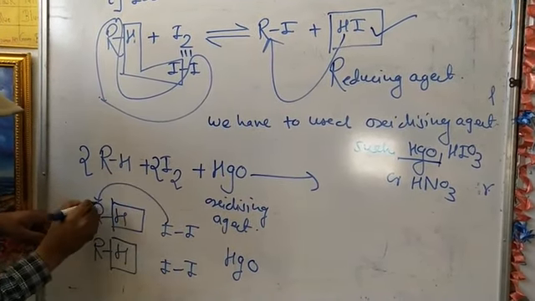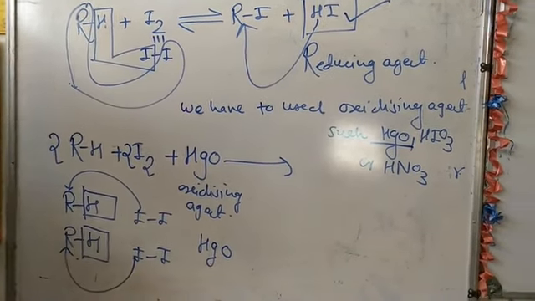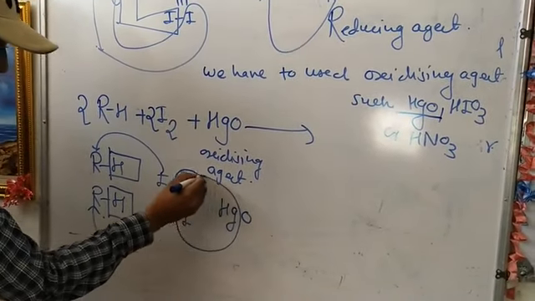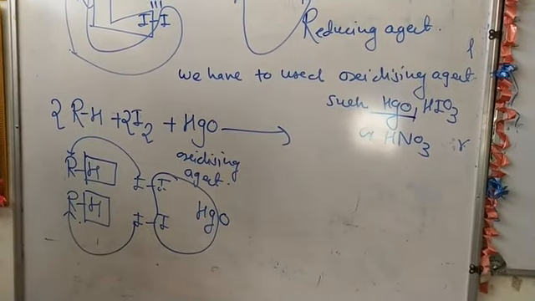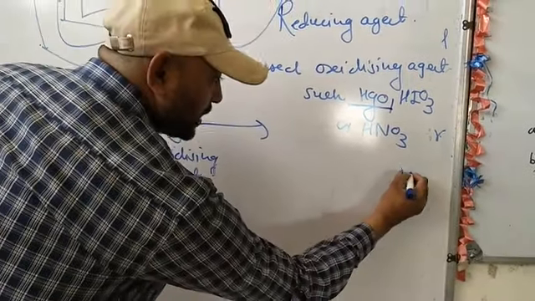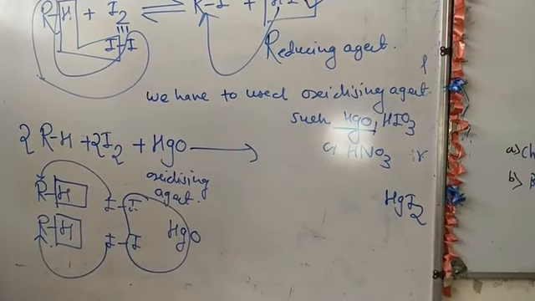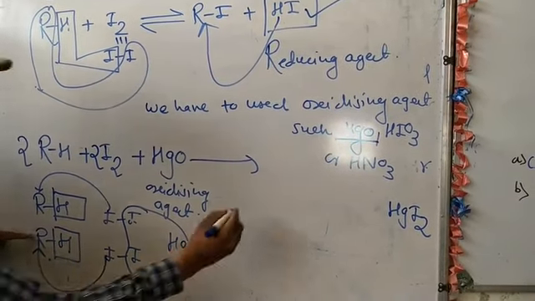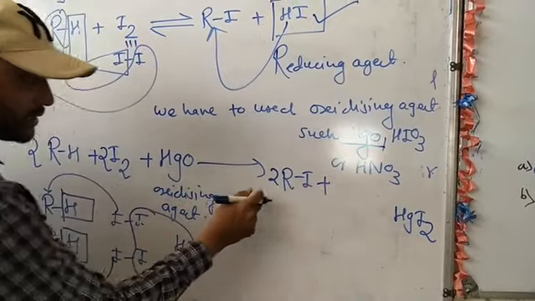by these 2 iodines. And the remaining 2 iodines combine with mercury, forming what? HgI2. And this alkyl combined with iodine forms 2 times alkyl iodide, the main product.